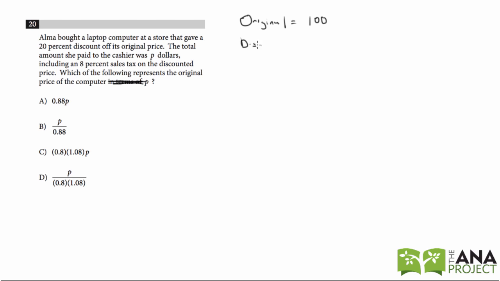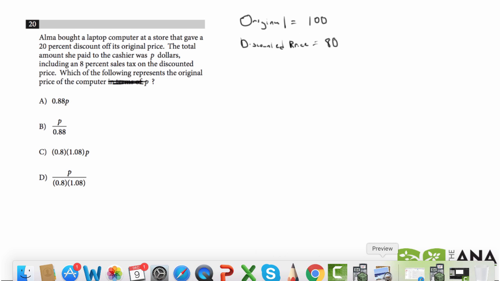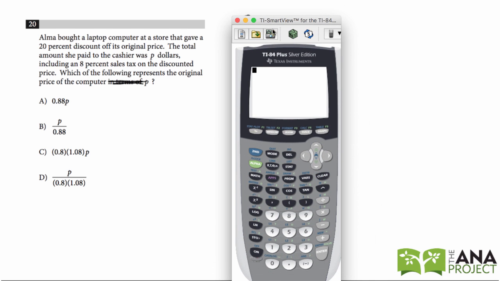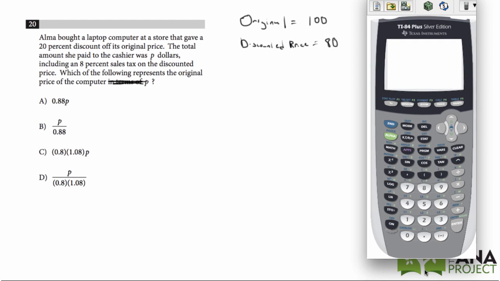So the discounted price was $80. If you don't know how to do that, you can certainly use your calculator. This is section 4. So you can take 100, multiply it by the discounted price, and then subtract that price, 100 minus 20.